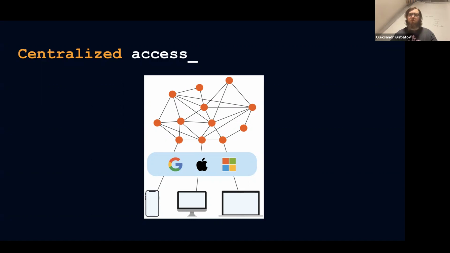It means if you have an iPhone, you can install only applications from the App Store, from Google the same, etc. So these applications can be controlled by centralized entities. They can be blocked, they can be censored, etc.